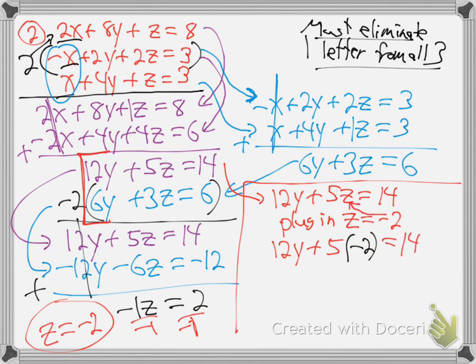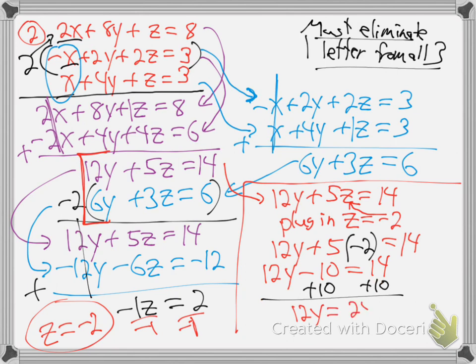So it's 12y minus 10 is 14. Add 10 to both sides. 12y is 24. Last step, divide by 12. Y is 2.